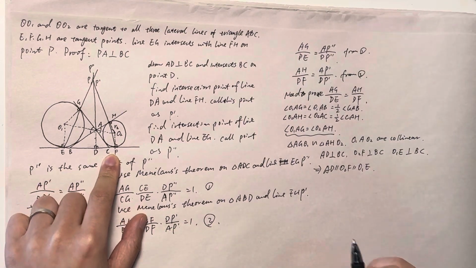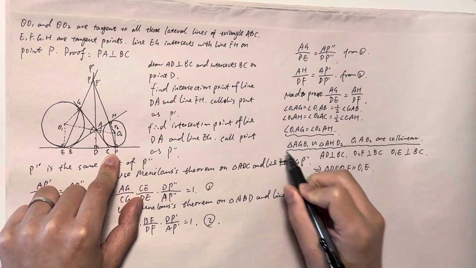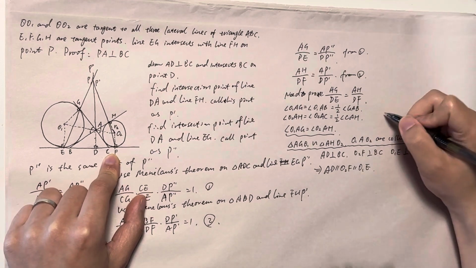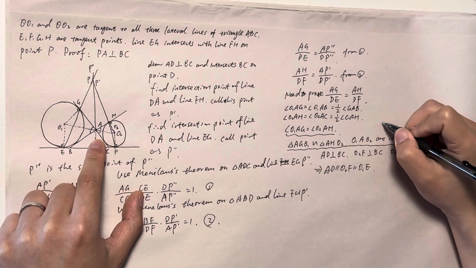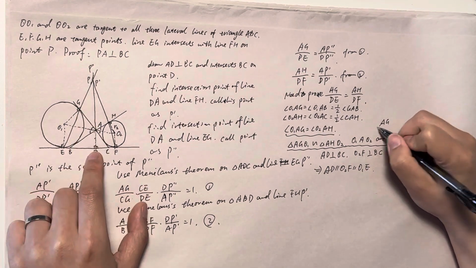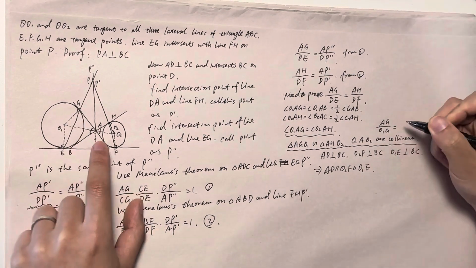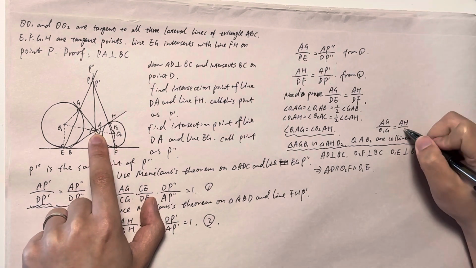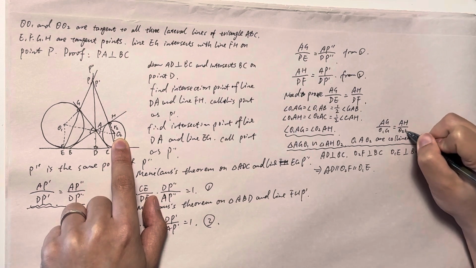So from the first condition, because the triangles are similar, the ratio of AG to O1G equals the ratio of AH to O2H.